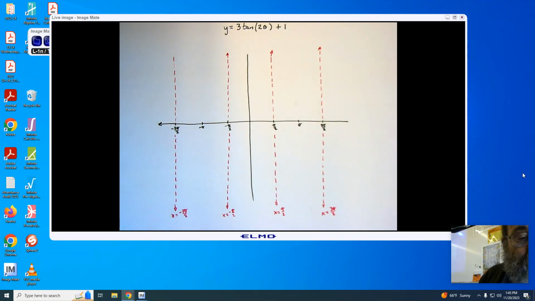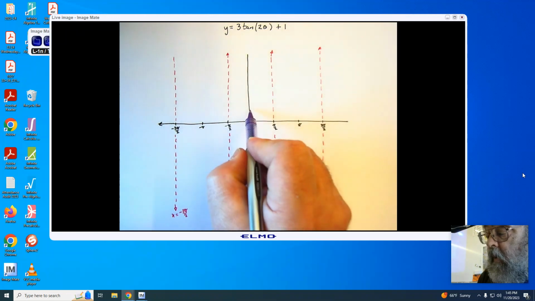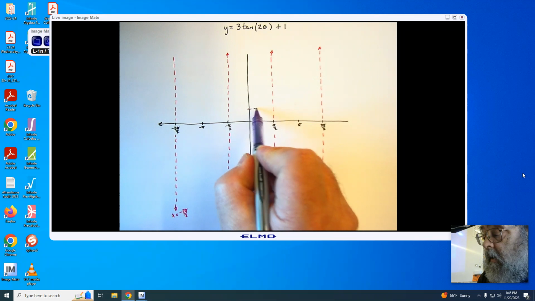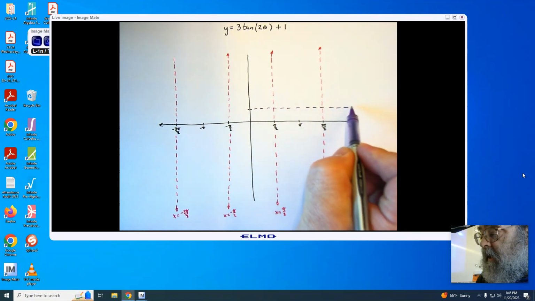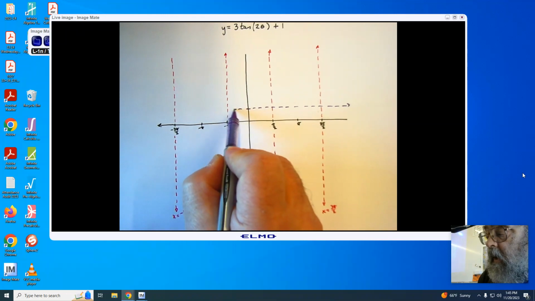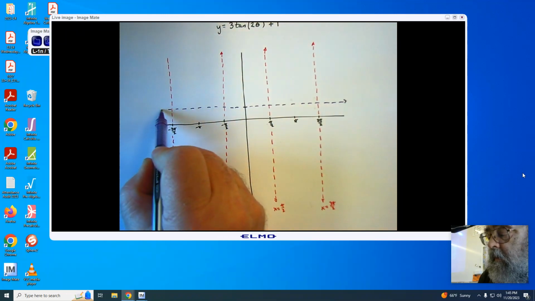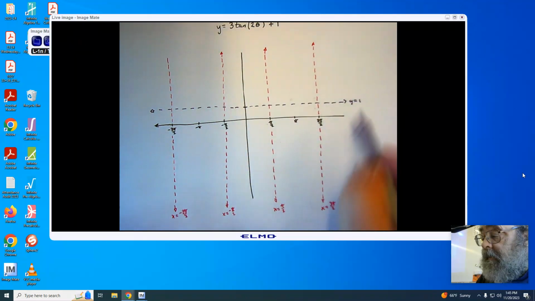I'm now going to go ahead and locate my vertical shift. Let's go ahead and use purple this time. It's not easy to see, but that's at a positive 1. This center line is where our zeros are located. This is y equals 1.